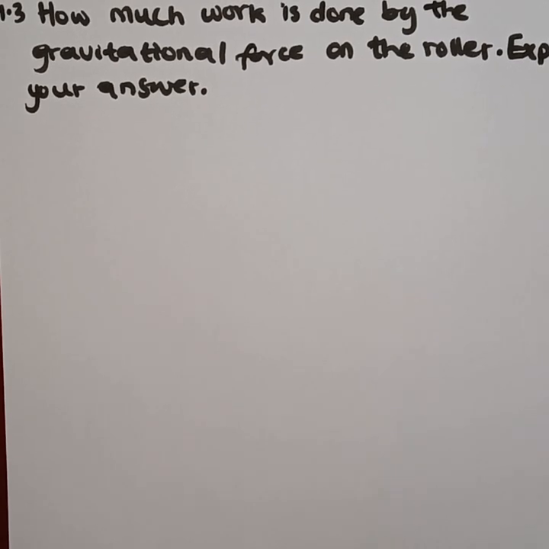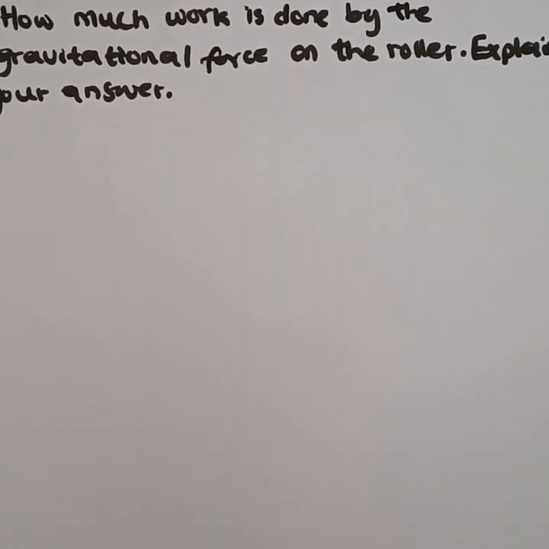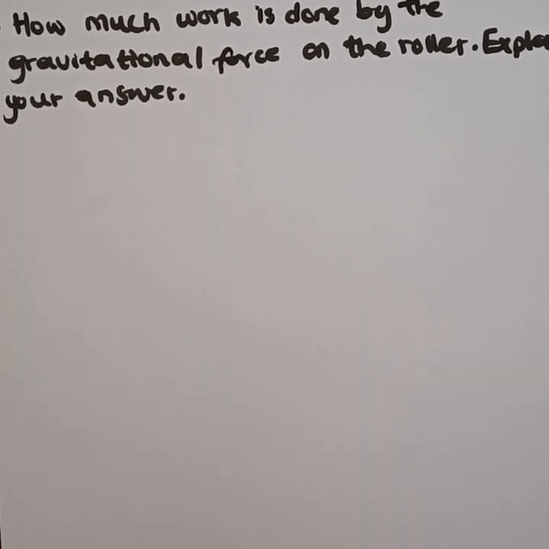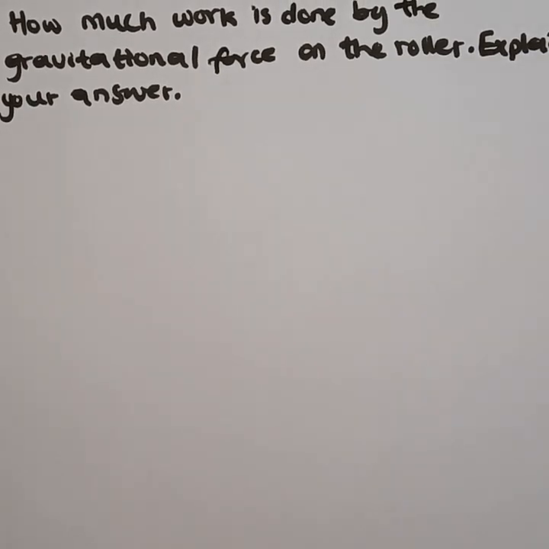So on our third question, we are asked how much work is done by the gravitational force on the ruler, and we should explain our answer after that. So what do you think should be the answer? Not what you think, you have to know what your answer is.